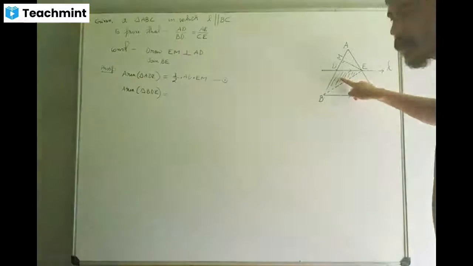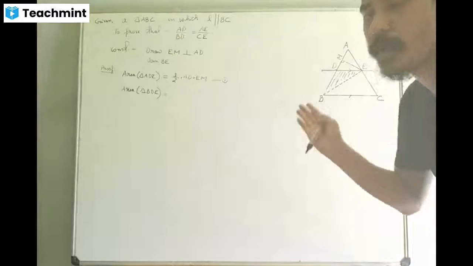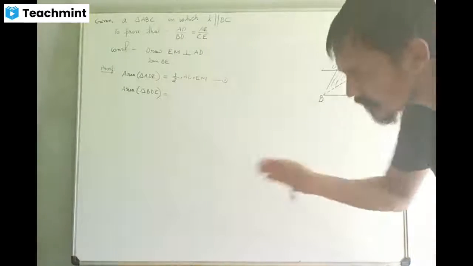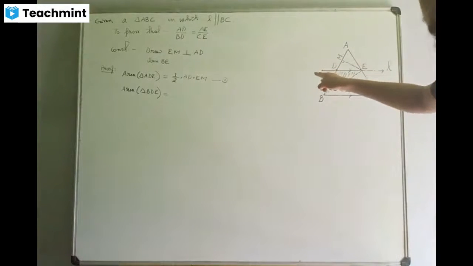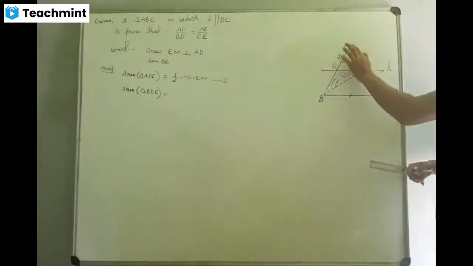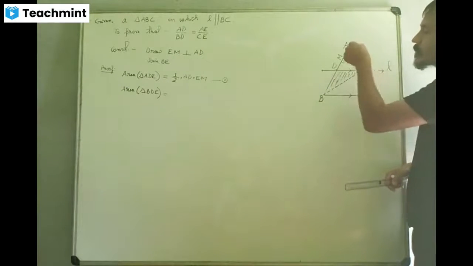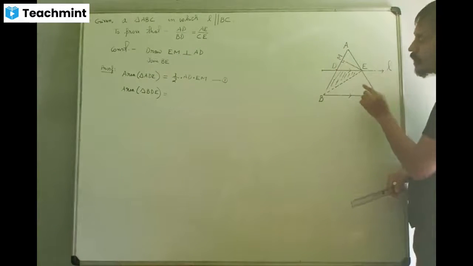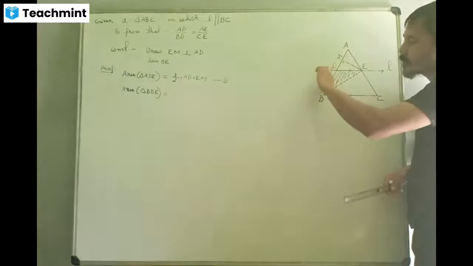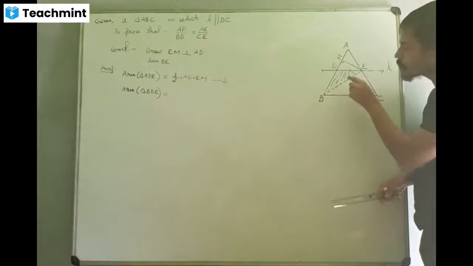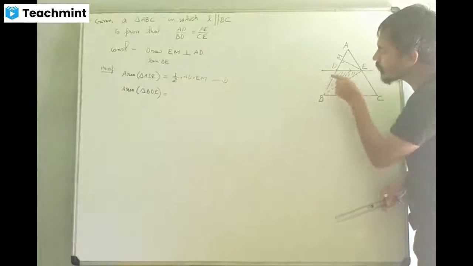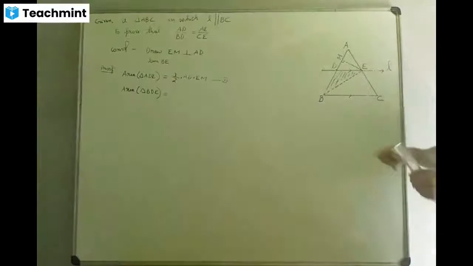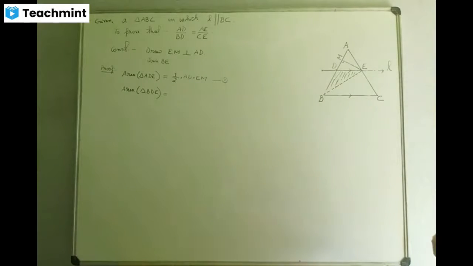So for this triangle also, we are going to choose the base on the same side as that of AD. Since AD and BD are on the same line, I'm going to choose BD as the base.